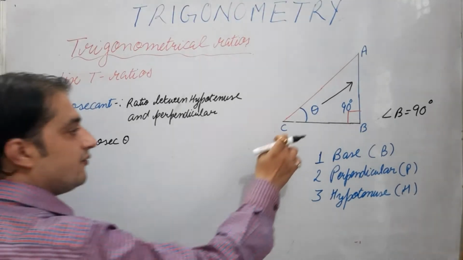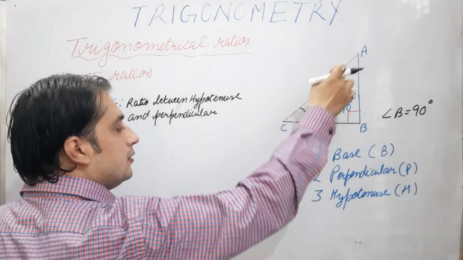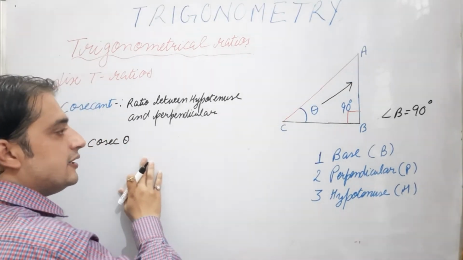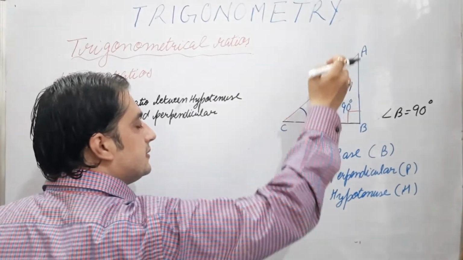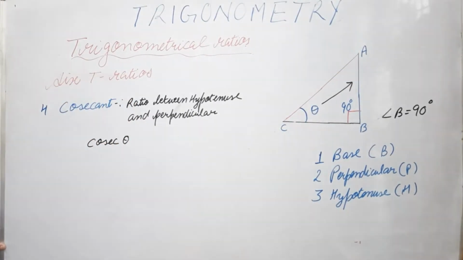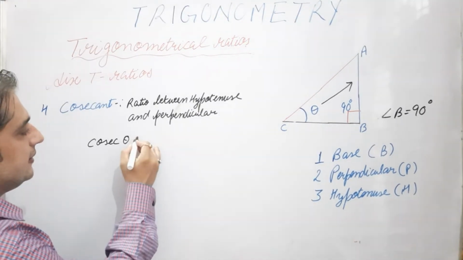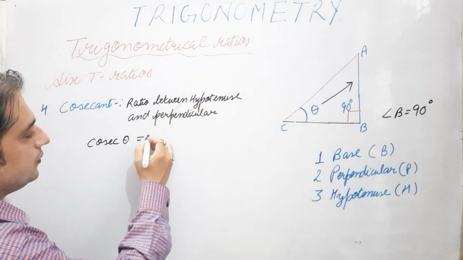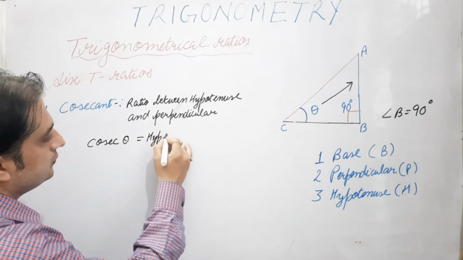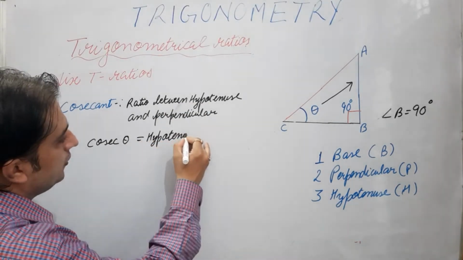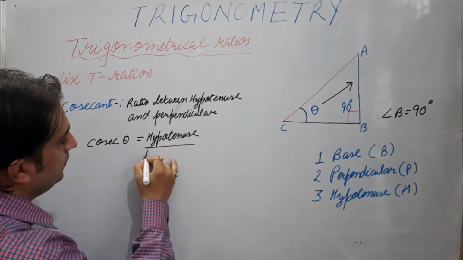You can take one acute angle and calculate the T ratios. You can take the other acute angle and also calculate the T ratios. So cosecant theta will become the ratio of the hypotenuse to perpendicular.